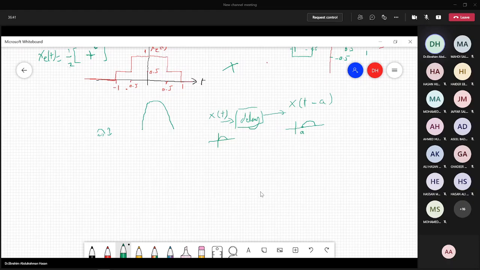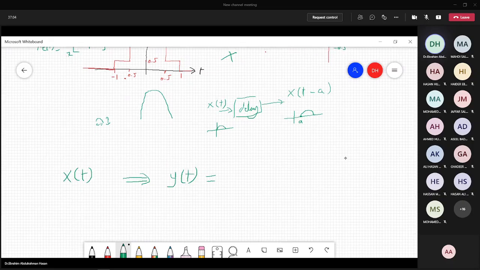So in general, if this is my signal x of t, then y of t, its modification of x of t, could be equal to some constant multiplied by x, but again it could have some scaling multiplied by time.